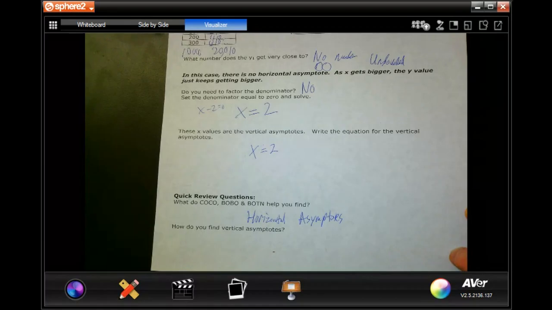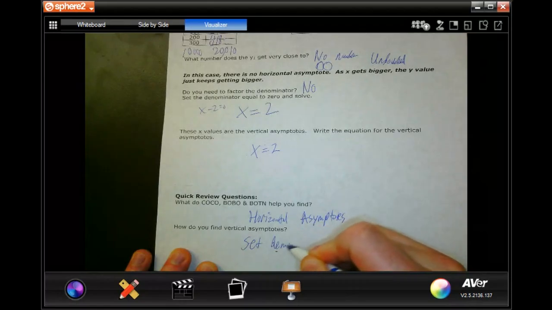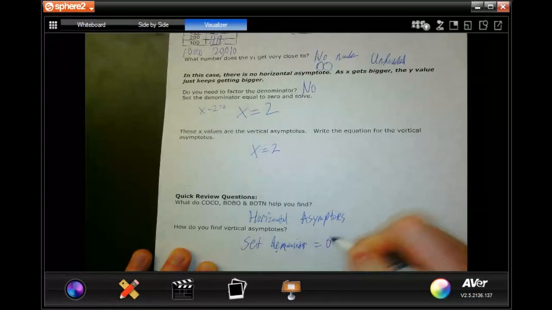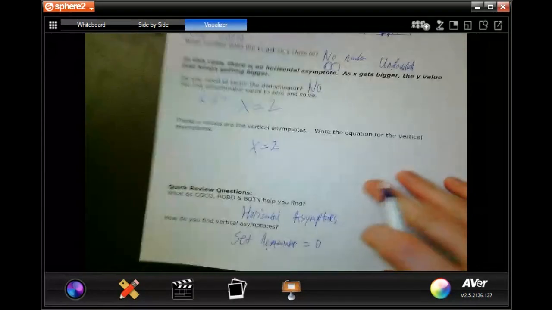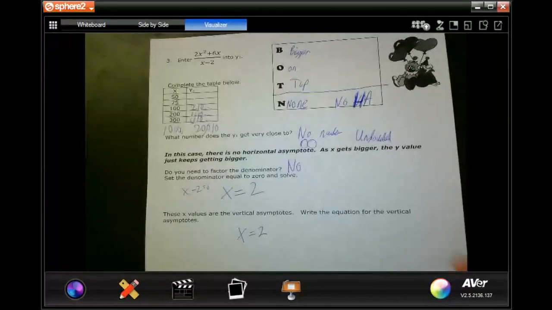How do you find vertical asymptotes? Yep, you set the denominator equal to 0. You can then factor, and that's the first step. You can then factor if it's possible. In this case, it wasn't possible.